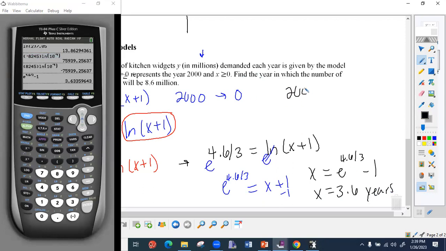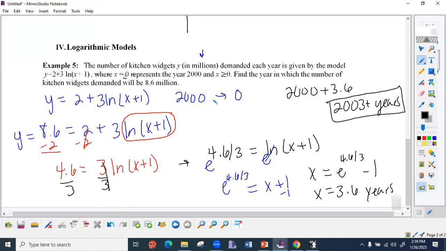So 2000 plus 3.6 would put me at about 2003 plus years. Okay. All right. And so that's how our model works. All right. Hopefully we feel okay about this.